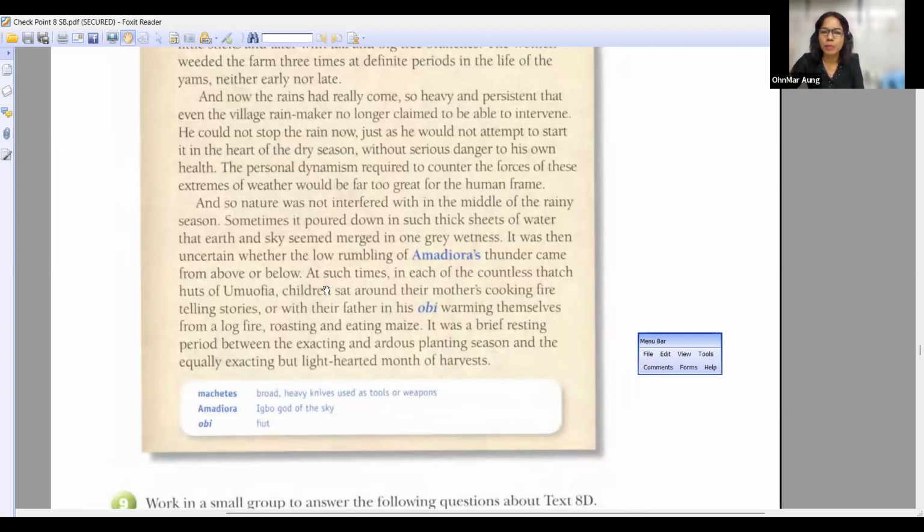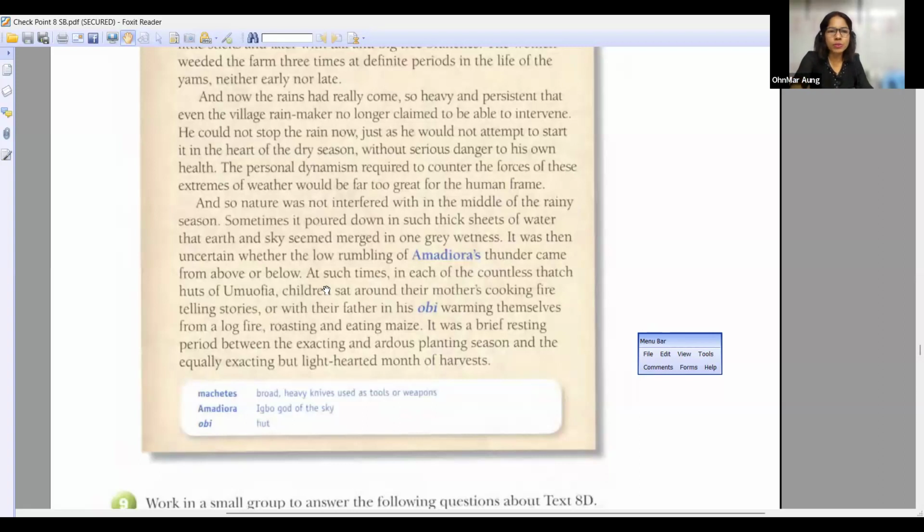They roast and eat maize that way. It was a brief resting period. They could rest in that period between the exciting and arduous planting season. So between the two seasons, they could rest for a while. The equally exciting but light-hearted month of harvest. Light-hearted, they are quite excited and happy during the month of harvest.